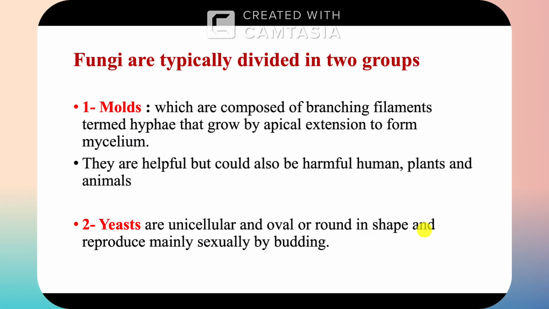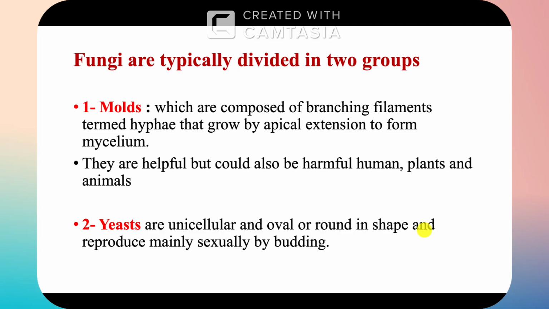You know that we have two main types of fungi, molds and yeast. Yeast is unicellular, oval or round in shape, reproduced especially asexually by budding.